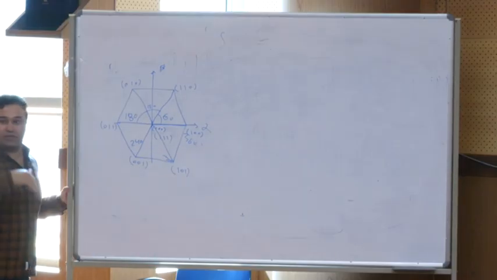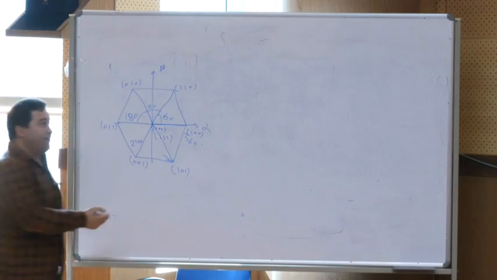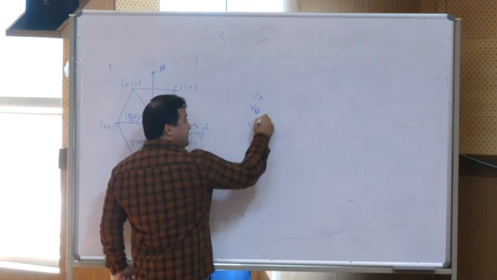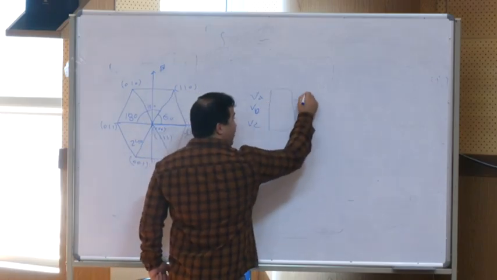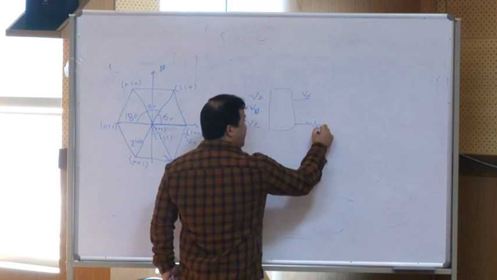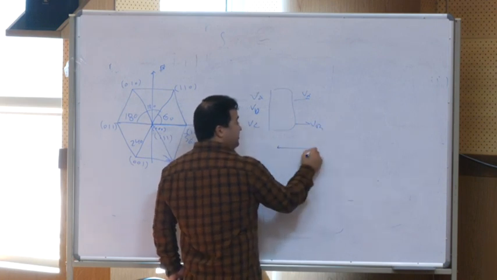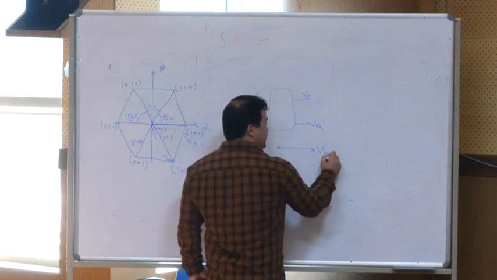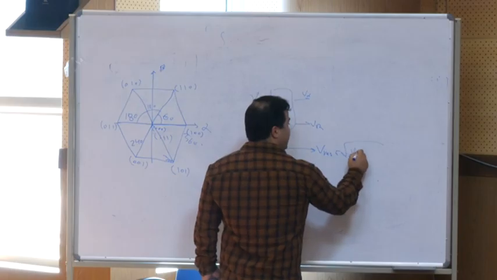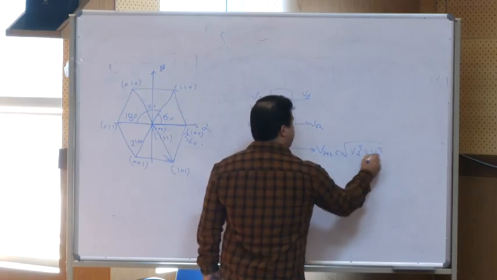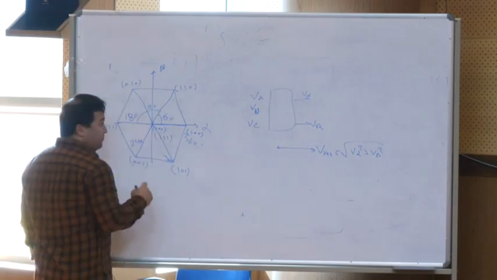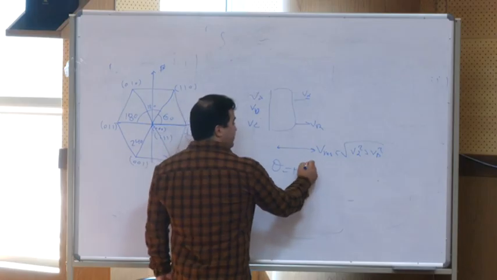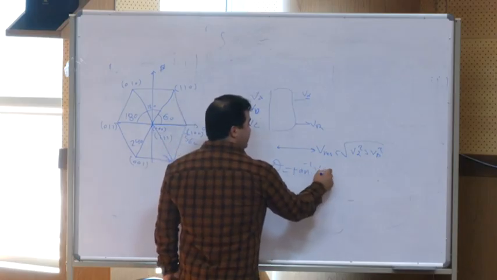So up to here, when we have VA, VB, VC and convert them to V alpha, V beta, the reference value will be V reference equal to V alpha squared plus V beta squared, and theta is the tangent inverse of V beta over V alpha.